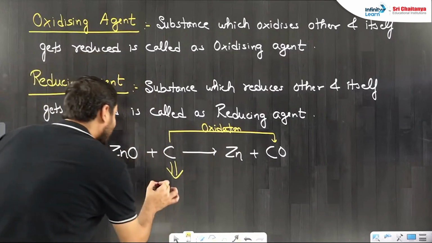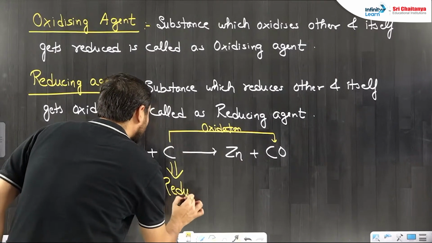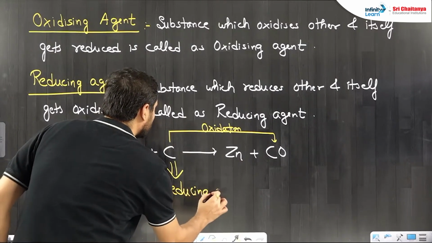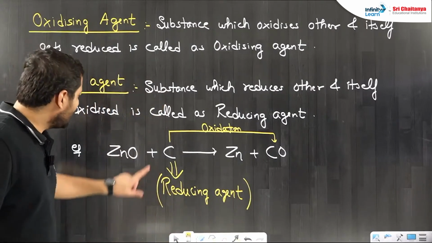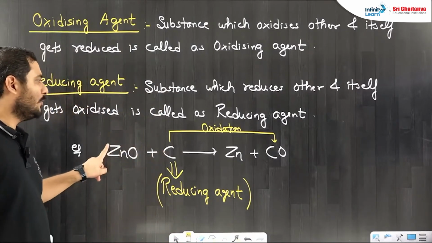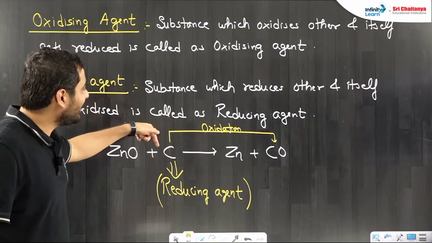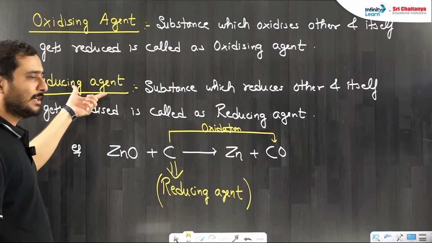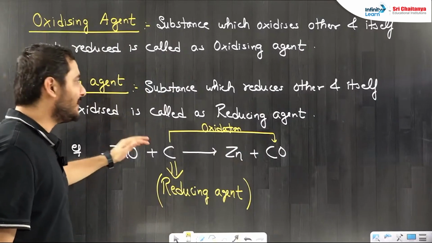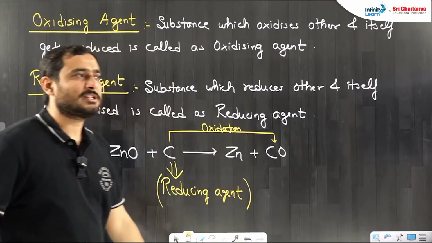ZnO. So we can say here carbon is acting as which agent? It is acting as reducing agent. So it reduces ZnO to Zn and itself getting oxidized from carbon to CO. And this is definition of reducing agent, which reduces other and itself gets oxidized is called as which agent?